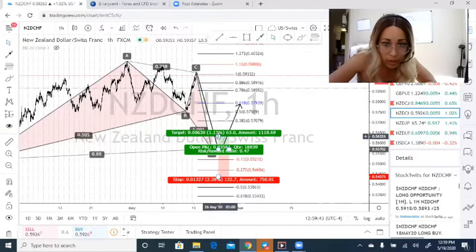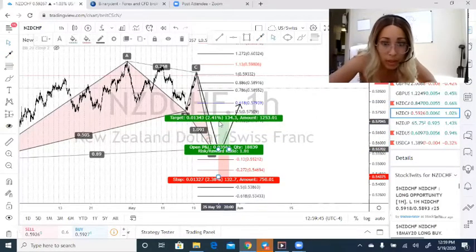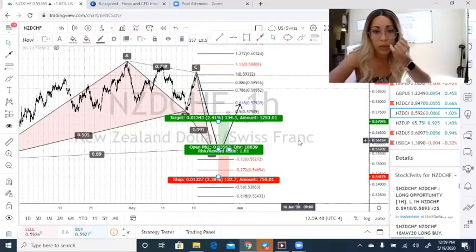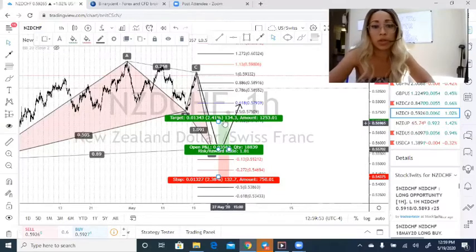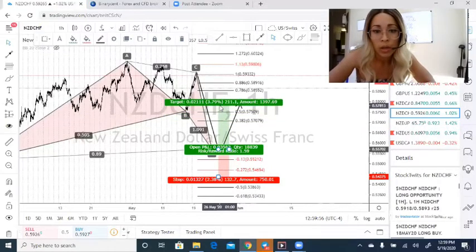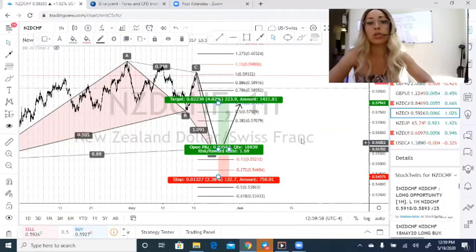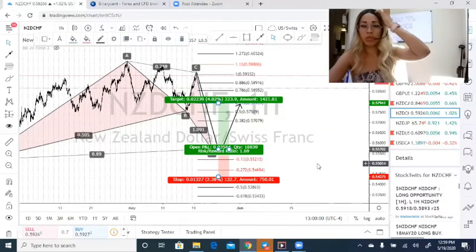So let's go ahead and adjust our target. So for our first trade, we're looking at a 1-to-1. We're willing to risk 132 pips in order to gain 134 for take profit 1, and as much as 223 for take profit 2.